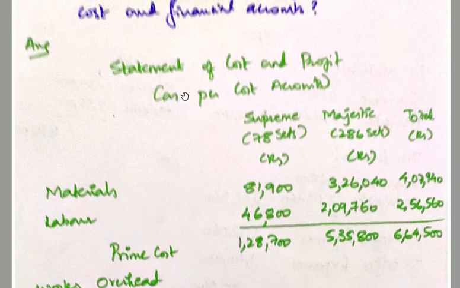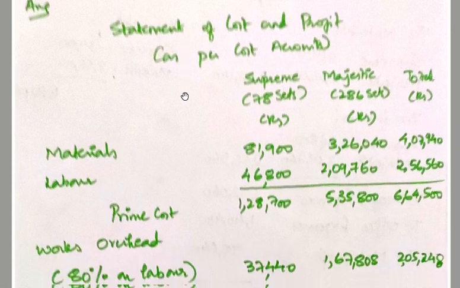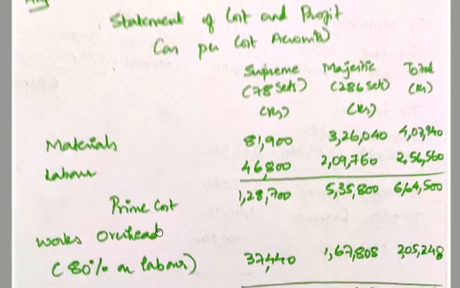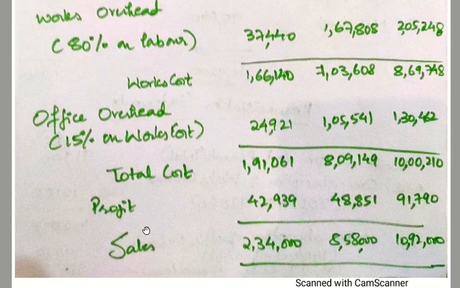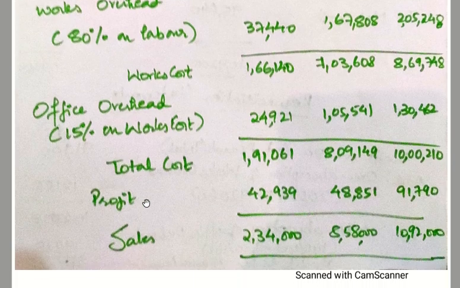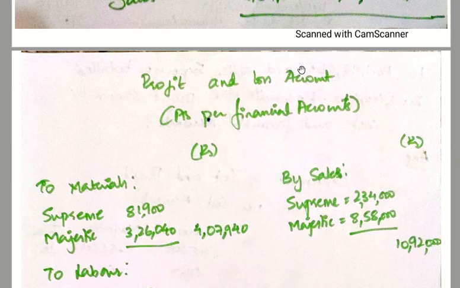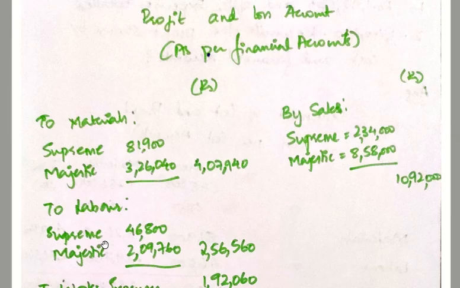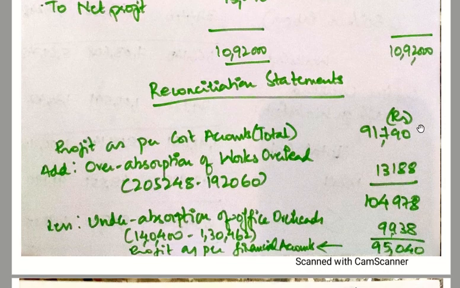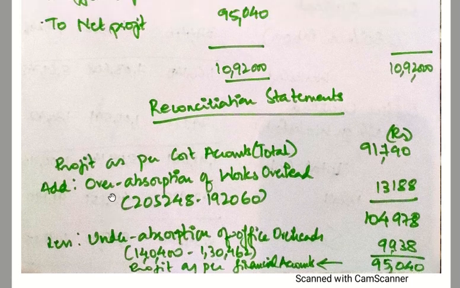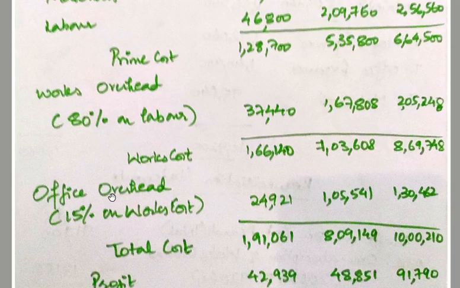So what we will do is prepare a statement of cost and profit in order to find the profit of cost account, and we will prepare the profit and loss account in order to find out the profit as per financial account. Then we will do our reconciliation statement and basically reconcile both the accounts and finish the sum.